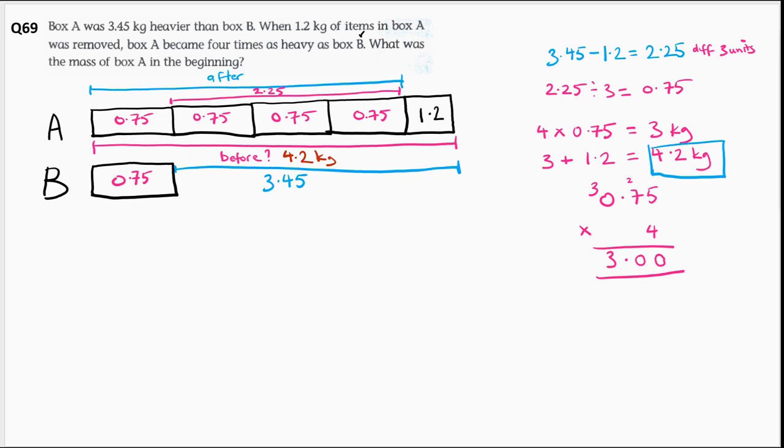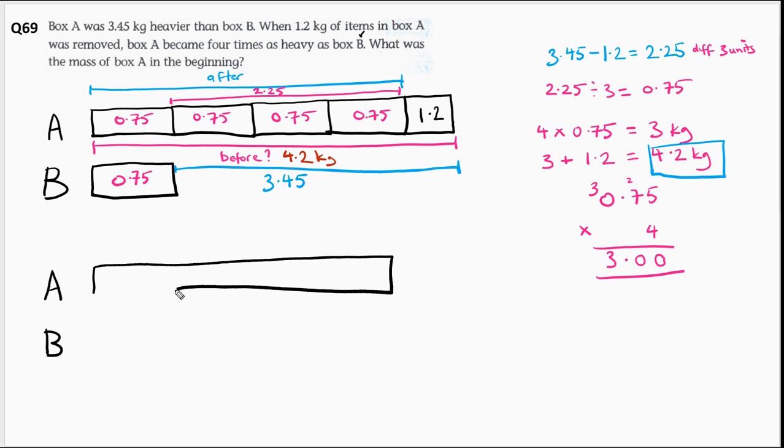Actually, what I'm quickly going to do is show you, because I drew this kind of backwards, what if I hadn't. That's just experience or my preference. So I could have done A and B. And what did I know? I knew that A was heavier than B. So I would draw a big bar for A and a smaller bar.